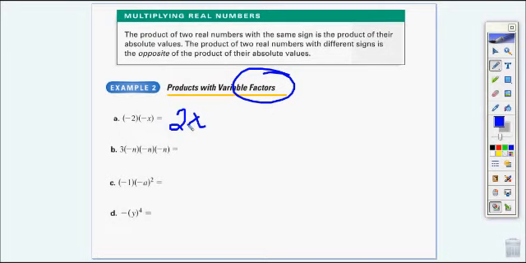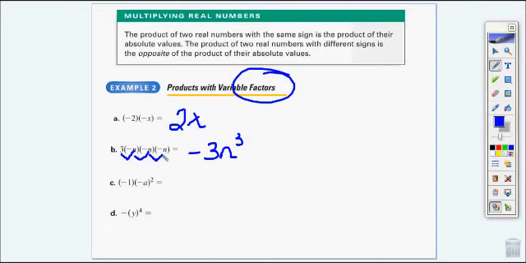And I have a 3, so 3 times negative n cubed would give me a negative 3n cubed. Again, we could do it this way. Positive and a negative gives me a negative. A negative and a negative gives me a positive. A positive and a negative gives me a negative. So we ended up with negative 3n cubed.